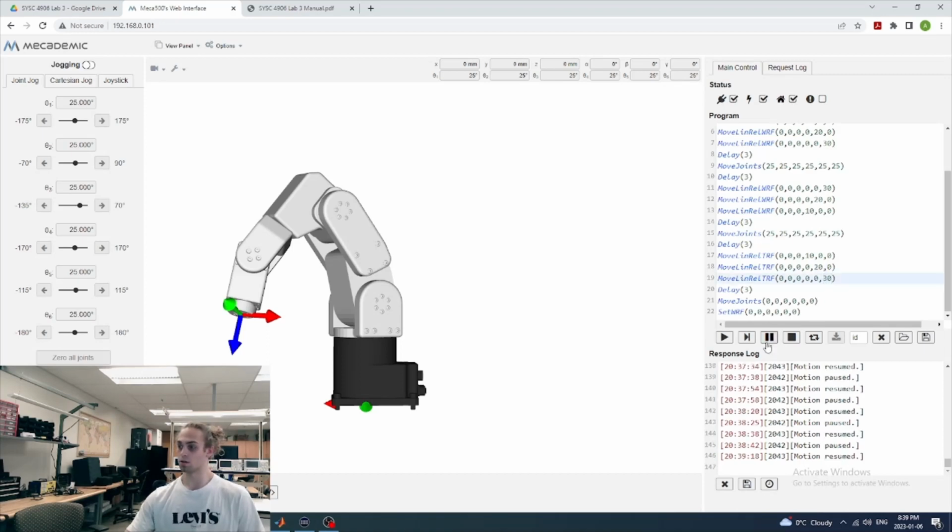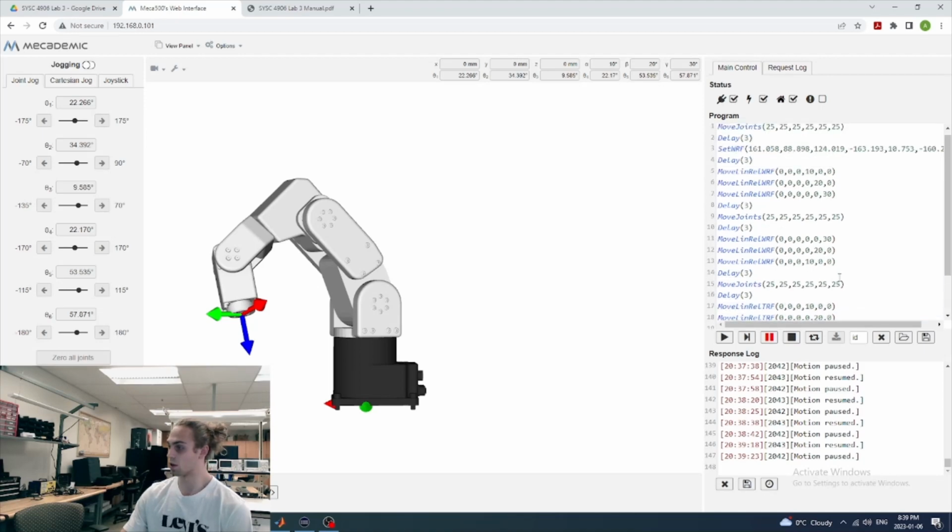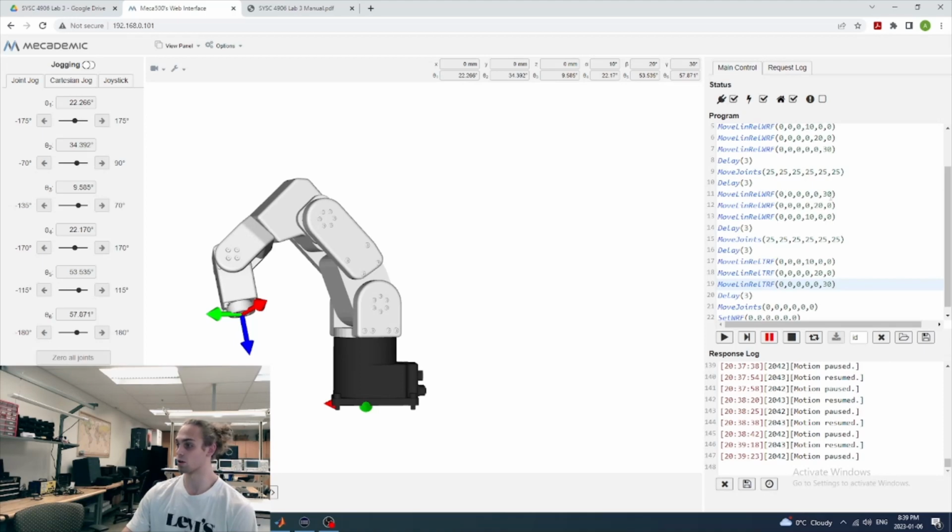And when I unpause it, we'll see that the robot is now having its Euler angles as 10, 20, and 30 degrees for alpha, beta, and gamma respectively. So we know that the tool reference frame going from 10 to 20 to 30 yields the same result as the fixed frame world reference frame going 30 to 20 to 10 in the opposite axis sequence.